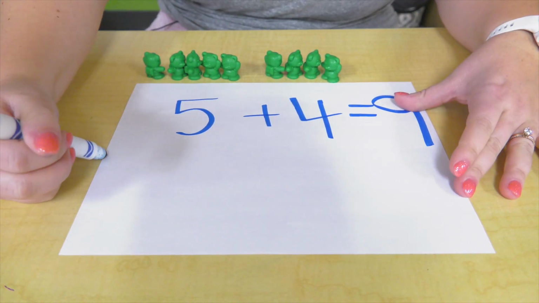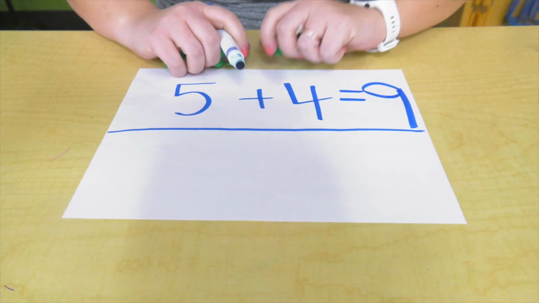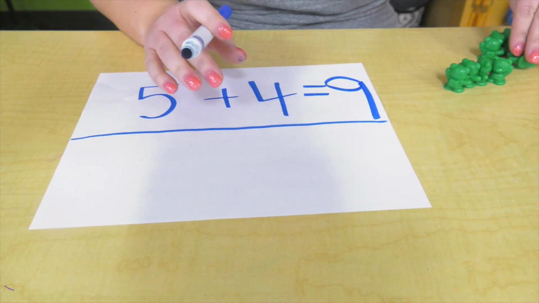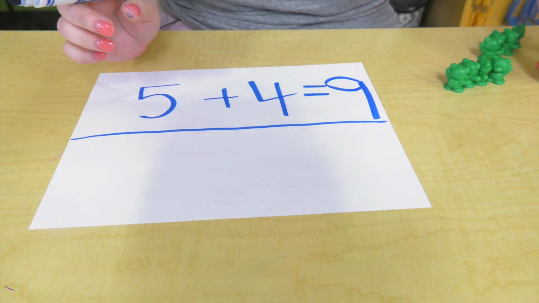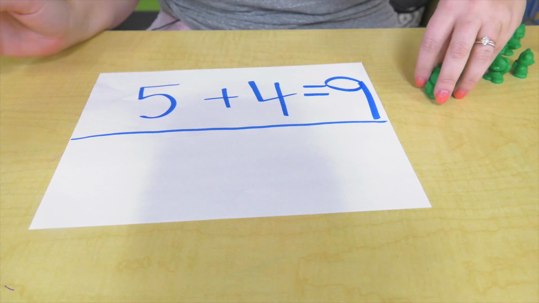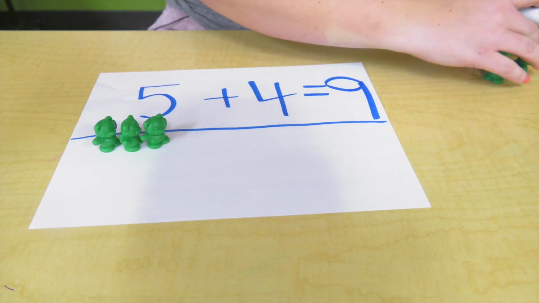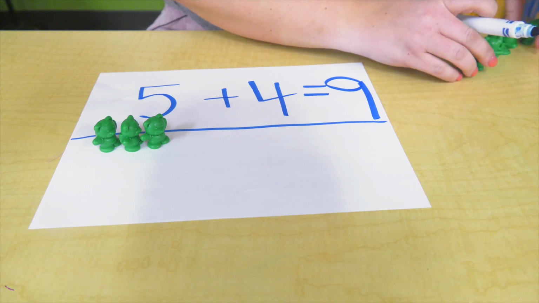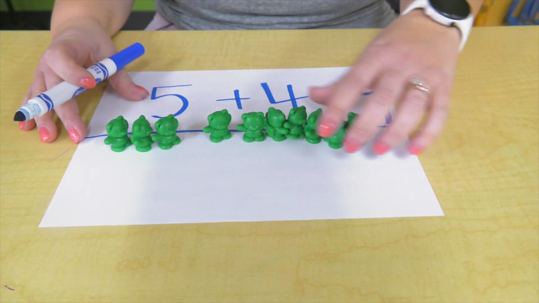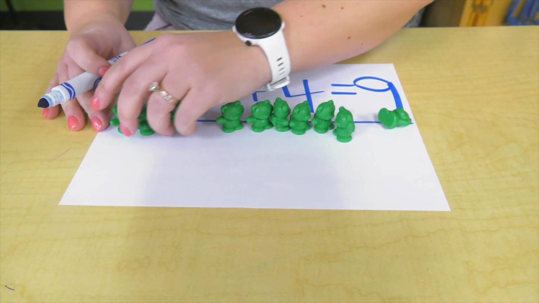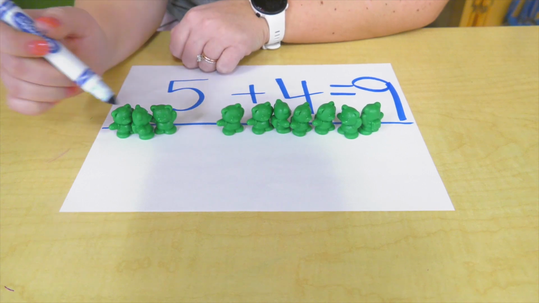Let's practice one more together. We're going to do 3 bears plus 7 bears. So the first number I'm going to draw is going to represent my first group.